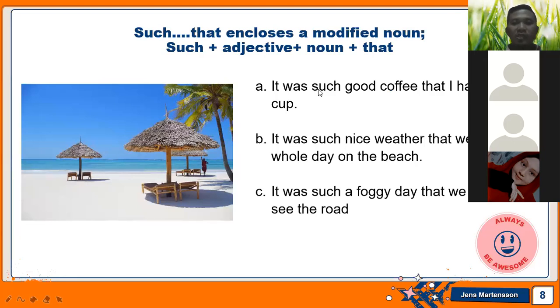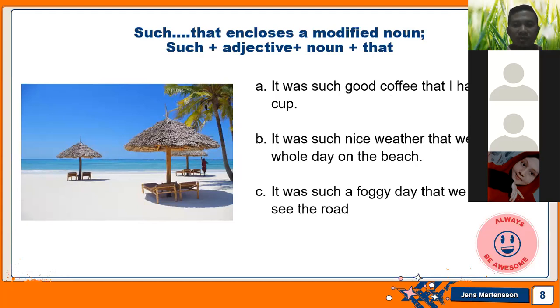It was such good coffee that I had another cup. So again, first you have to recognize that the sentence has cause and effect. Jadi sentence-nya itu punya sebab dan punya akibat, right? So what is the cause here?